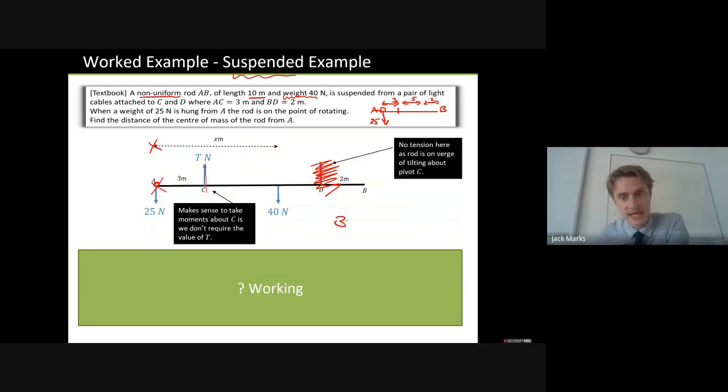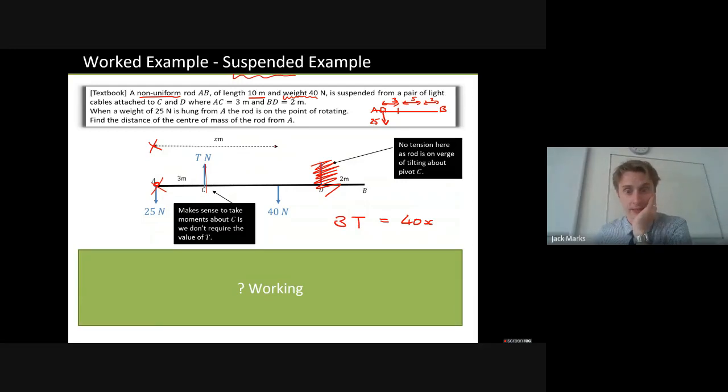That's 3t. 3t is anti-clockwise. x times 40, or 40x, that's clockwise. Problem? What's the problem here? Problem is that you don't know t and you don't know x. So that might not be the best place to pick it from.